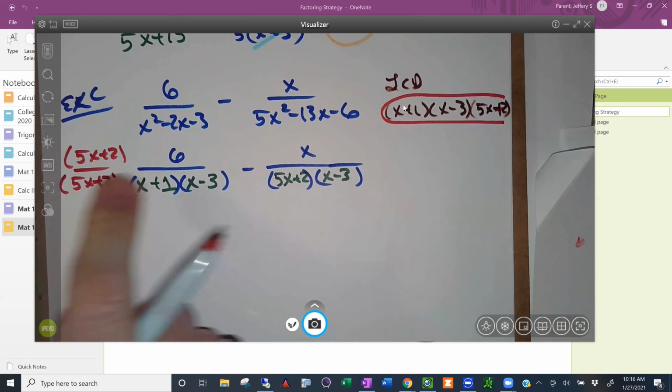You need a common denominator when you're adding or subtracting fractions. But guess what? I'm dividing fractions. I'm going to regard that as one fraction and this as another fraction. So I'm dividing this by this.